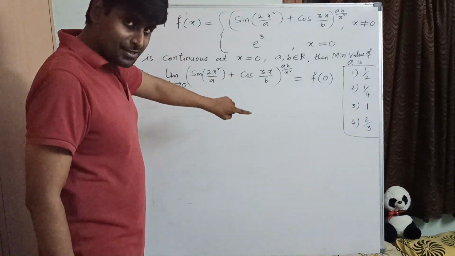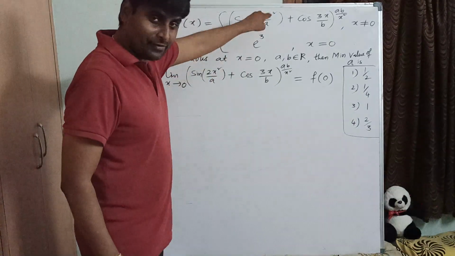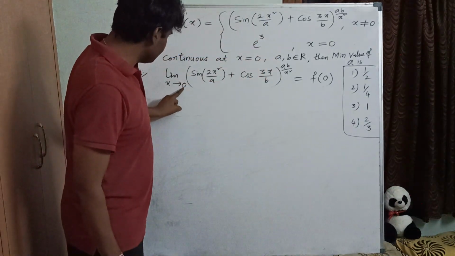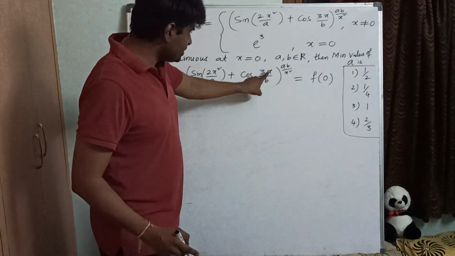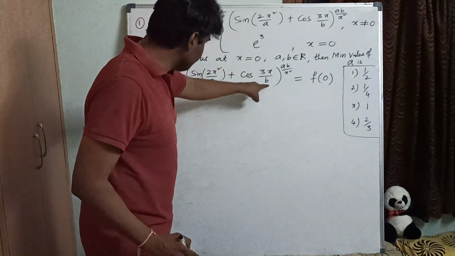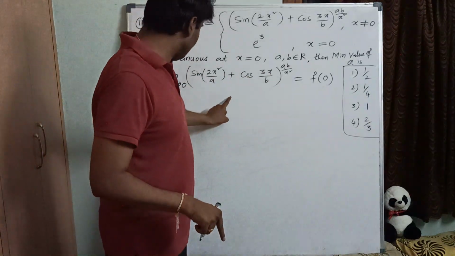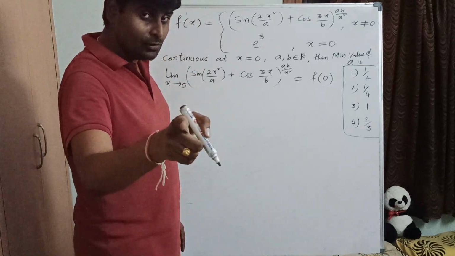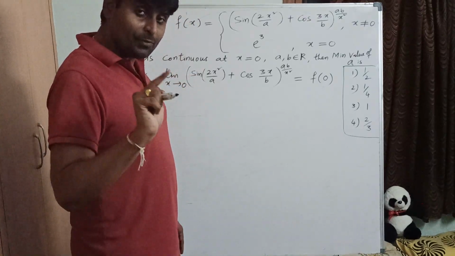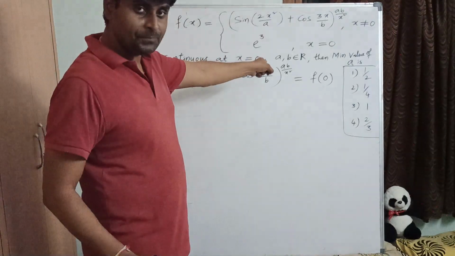This problem is going to be obtained in the form of 1 power infinity. See here, whenever I substitute x equals 0, 2 into 0 is 0, sine 0 is 0. Now cos 0 is 1. So completely we'll get 1 in brackets, 1 power something by 0, infinity, the 1 power infinity model. So what is the working rule whenever you get a problem in the form of 1 power infinity?